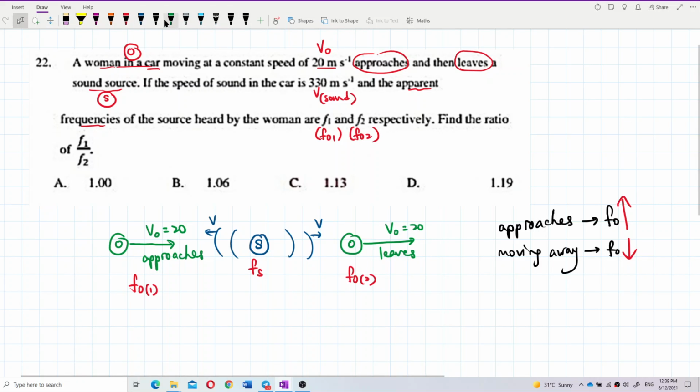That's the simplest tip that I can provide to you.